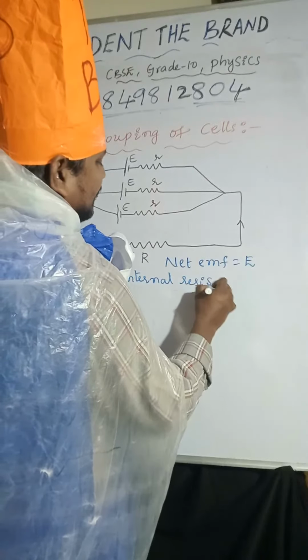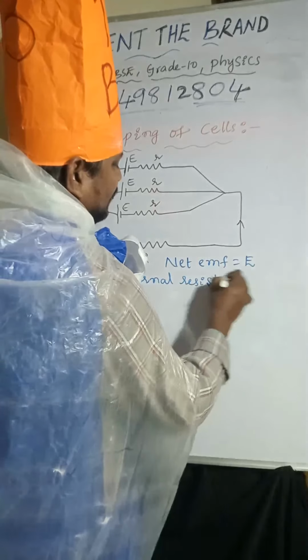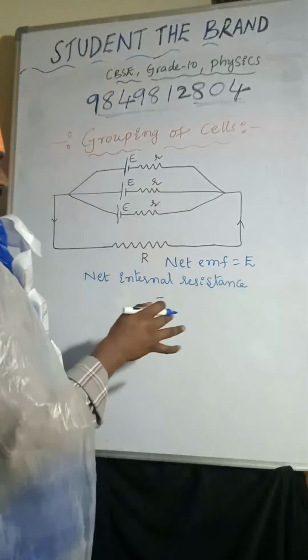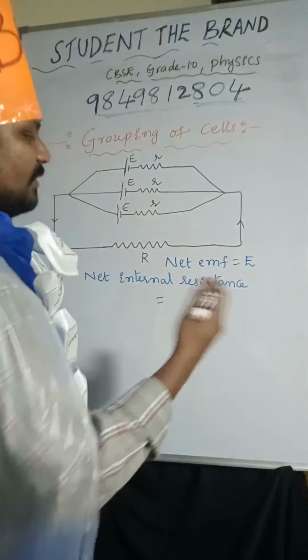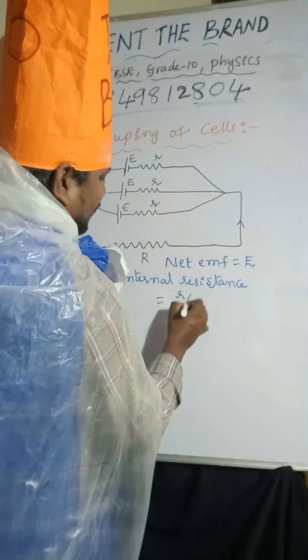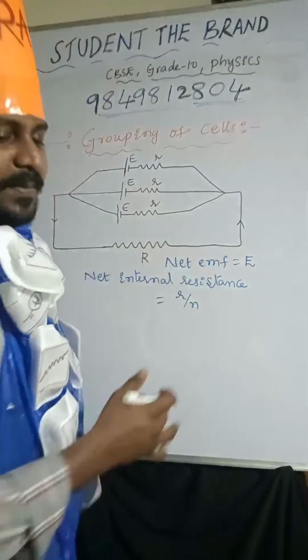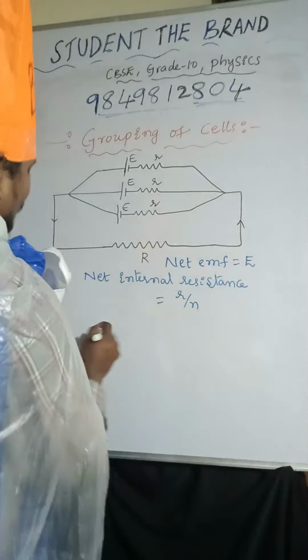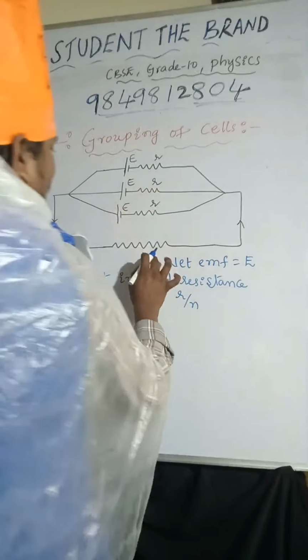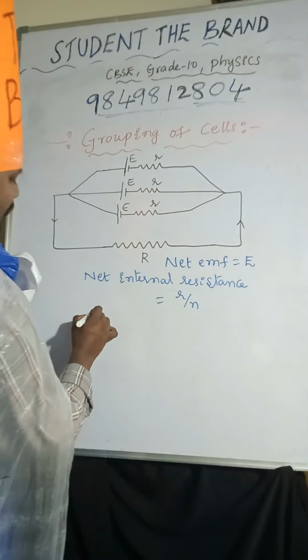In the previous case I explained, if n number of cells are connected in parallel combination, the formula is r by n. That's why I explained it before itself. Now the net external resistance is R only.